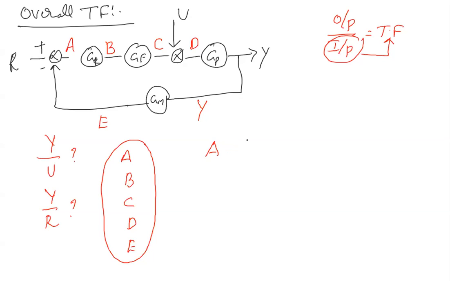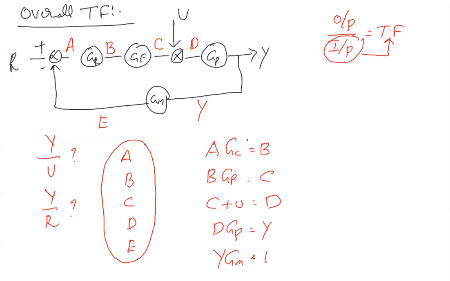A into GC equals B. B into GF equals C. C plus U equals D. D into GP is equal to Y. Y into GM is equal to E. R minus E is equal to A. So these are the equations you can write.